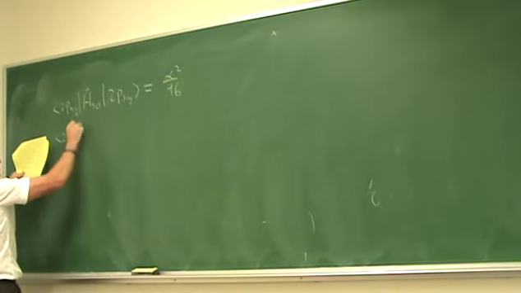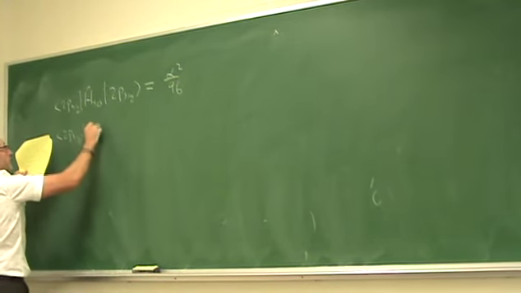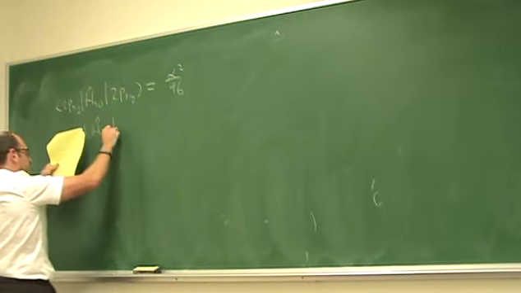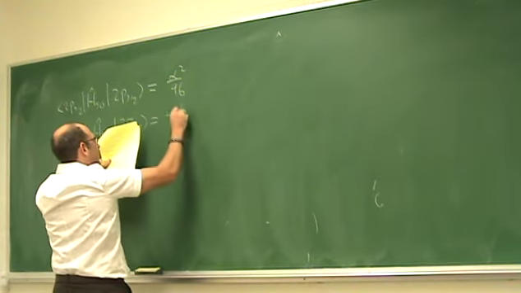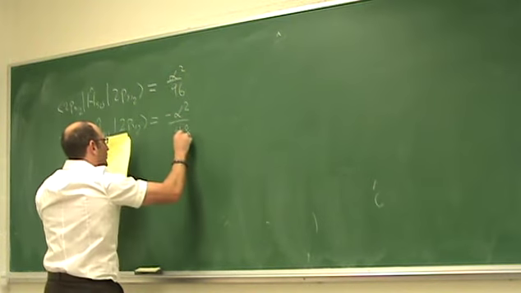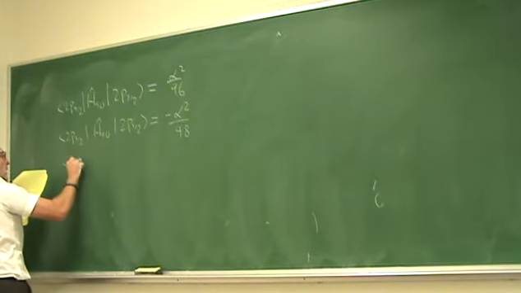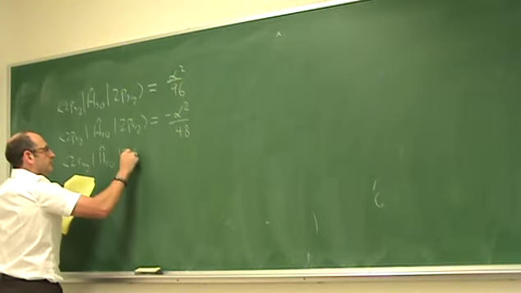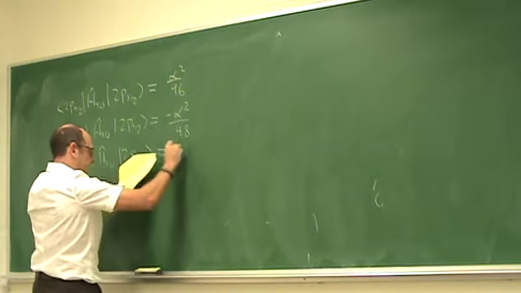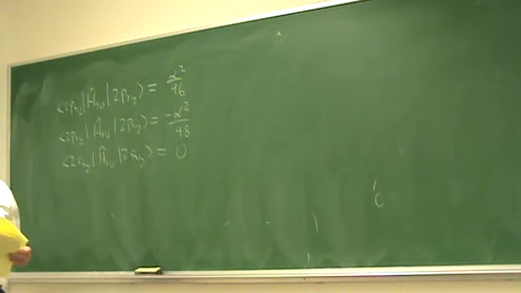For the 2p1 half, the spin orbit shift is minus alpha squared over 38. And of course, for the 2s, there is no spin orbit coupling, since L equals 0.